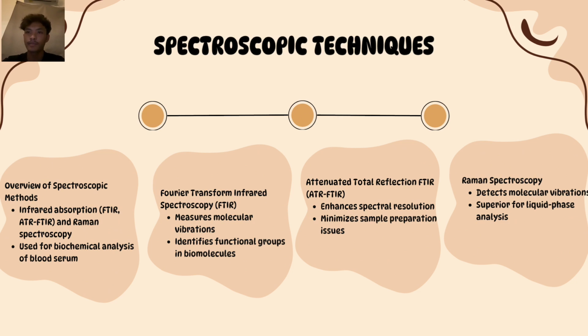And for the next slide, let's take a closer look at the techniques involved. We are mainly talking about FTIR, ATR-FTIR, and Raman spectroscopy. For the first one, Fourier transform infrared spectroscopy, which is FTIR, identifies molecular vibrations and helps detect functional groups in biomolecules.